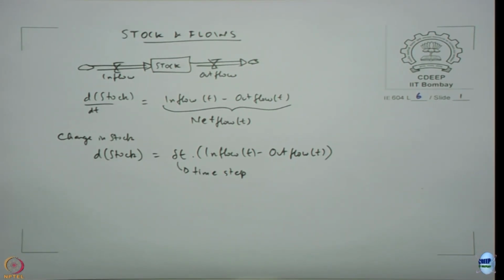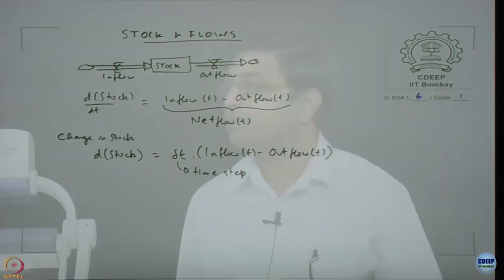So let's look at an example of how to identify the stocks and flows from a description and construct a diagram. Then in today's class, if the inflows or outflows behave in a particular fashion over time, let us try to graphically figure out how the stock changes over time, so that we get a feel of how the simulation itself is expected to work.